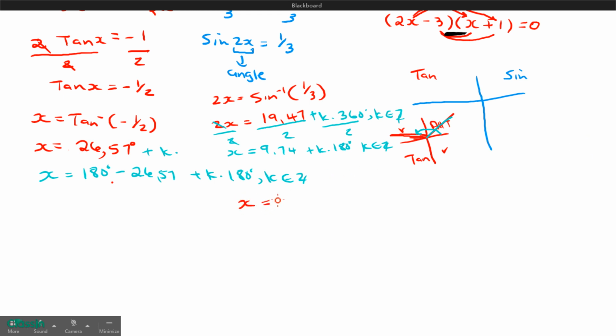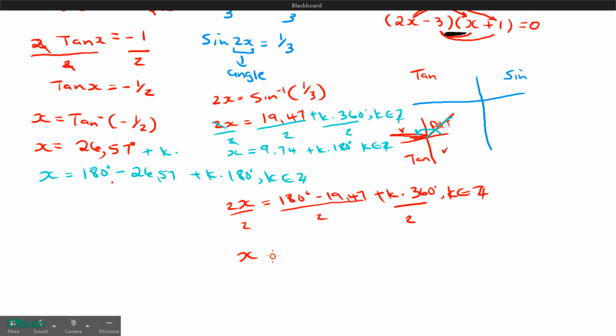2x is equal to 180 minus 19,47, which is plus k times 360, where k is an element of integers. Divide this by 2, and this side also by 2.